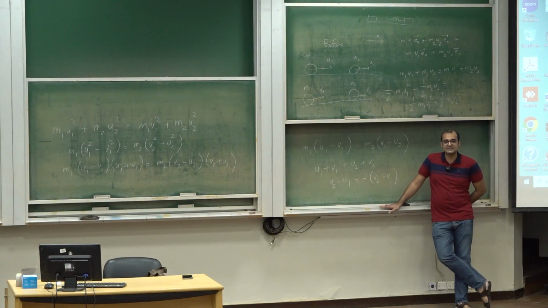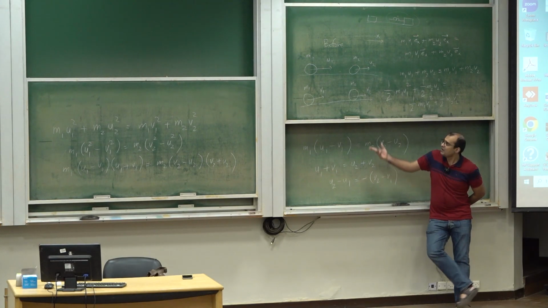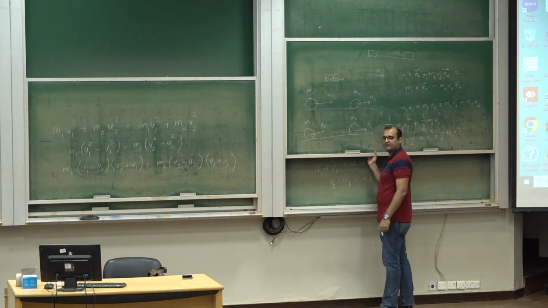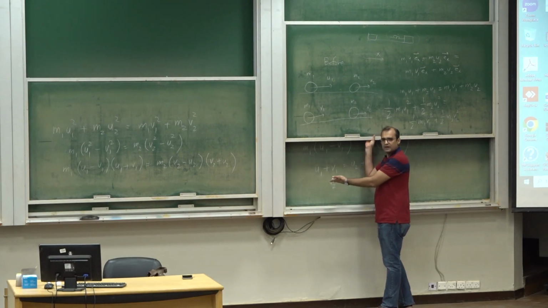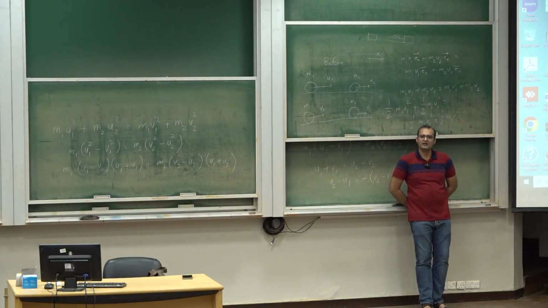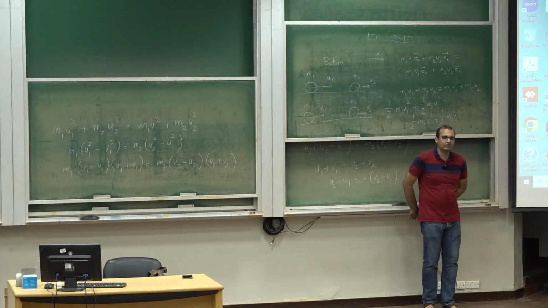u2 minus u1 is the relative velocity between the two objects before the collision. I mean, if this one was going at 60 kilometers per hour and this one was going at 120 kilometers per hour, what would you have told me for the relative velocity? 120 minus 60. That's why I'm saying u2 minus u1 is the relative velocity. There's no need to stare so hard at this, okay? By exactly the same reason, v2 minus v1 is the relative velocity after the collision.